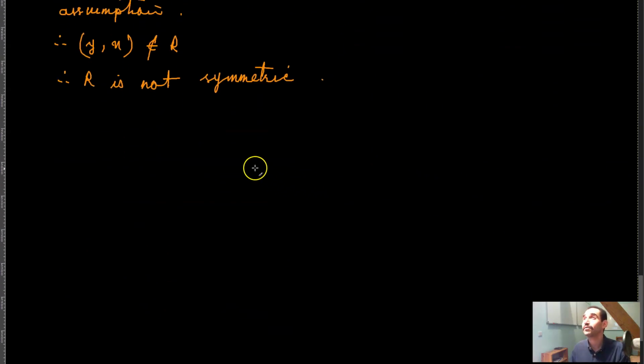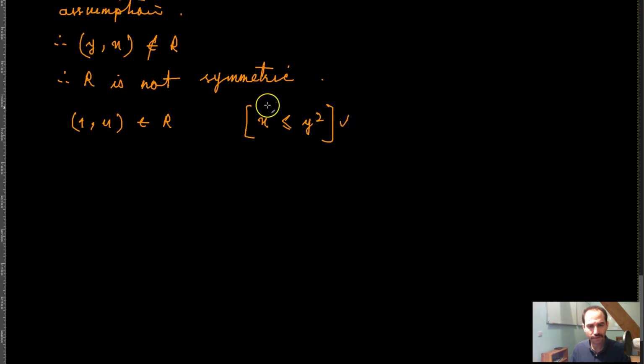Now, another way of saying the same thing is that you can say that (1, 4) belongs to R, because basically you have x is less than or equal to y squared, which is of course the case here. The condition is x is less than or equal to y squared. There is no problem with the condition here. So 1 is less than or equal to basically 4 squared, which is equal to 16. There is no problem there.